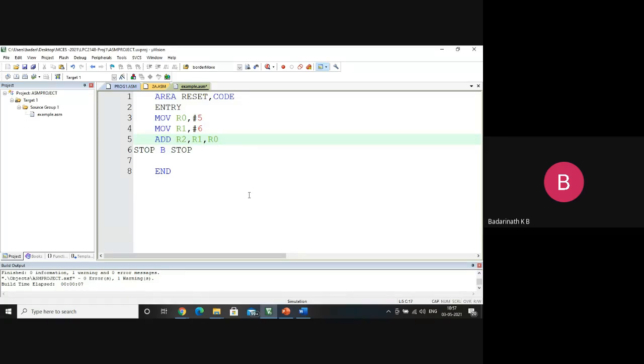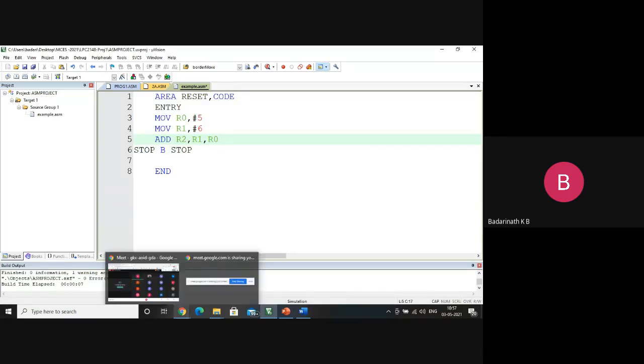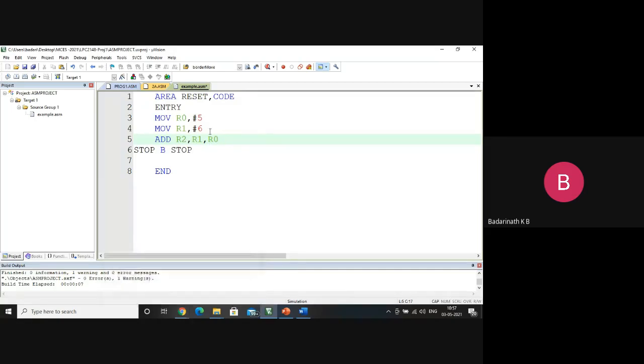So what I am doing is adding these two numbers and keeping the answer in the R2 register. Now I'll execute the program. No errors are there. Now I'll run the program.